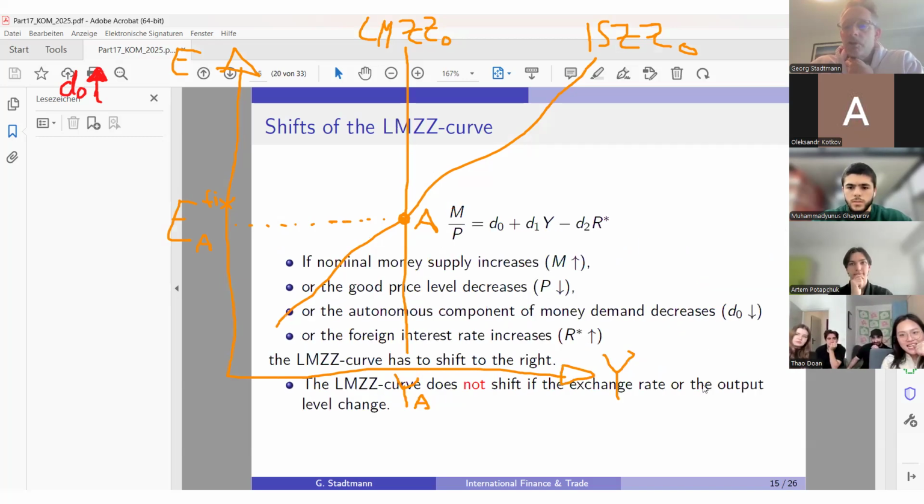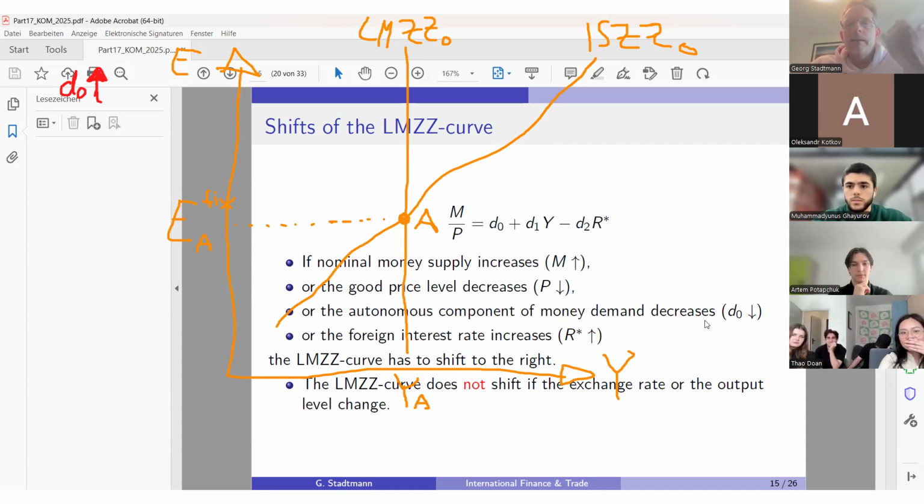So let's switch to the next important slide. Once more, chapter 17 and then slide number 15. Here it is mentioned that the LMZZ curve has to shift to the right in case the autonomous component of money demand decreases.